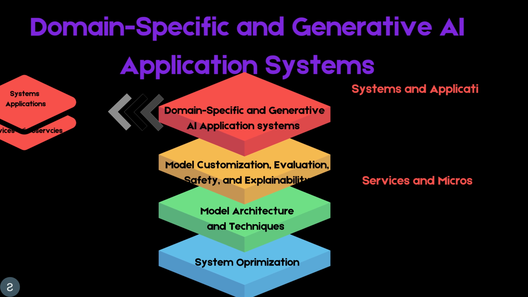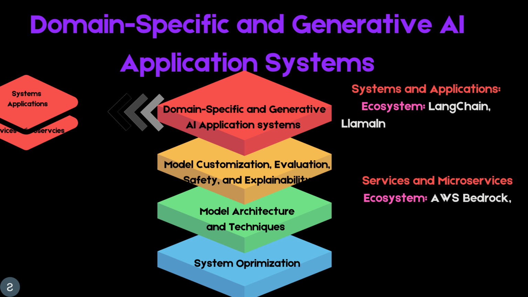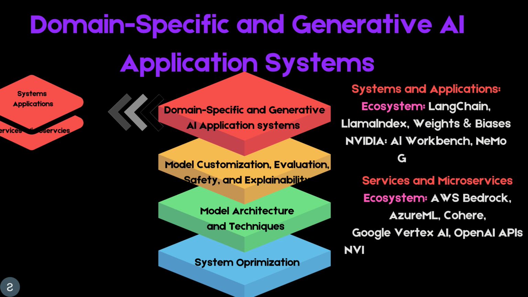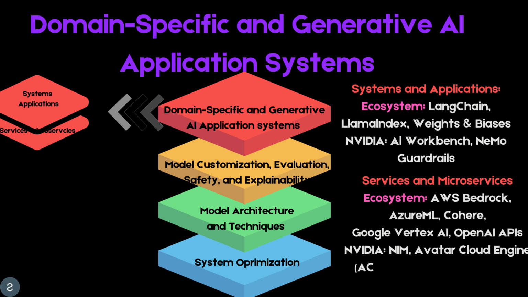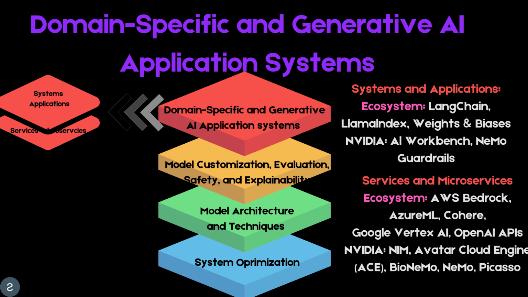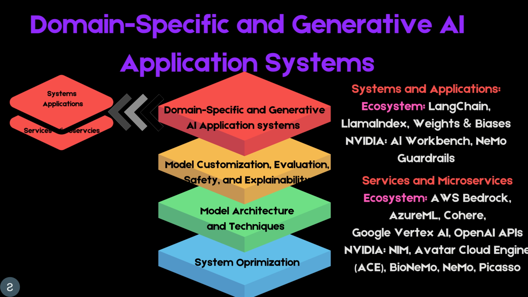Here we are looking specifically at the domain specific and generative AI application system, which has two sublayers: systems and applications, and services and microservices. For systems and applications, NeMo offers a rich ecosystem of tools and frameworks to streamline the development process. Popular choices include LangChain for orchestrating workflows, LlamaIndex for knowledge management, and Weights & Biases for experiment tracking.